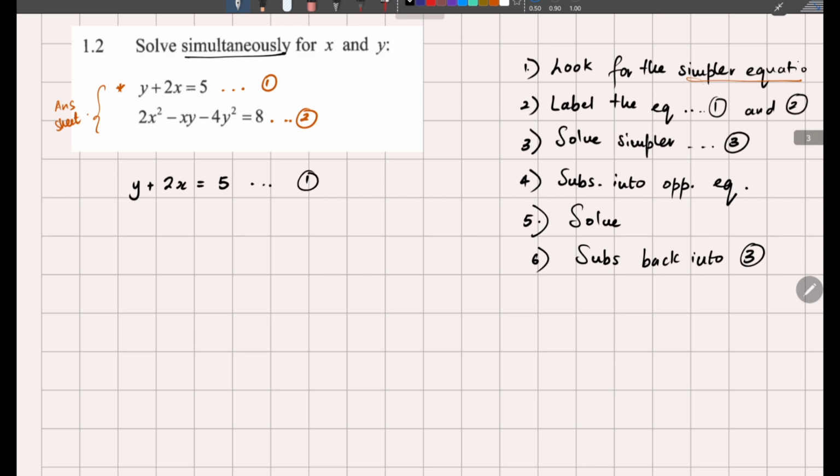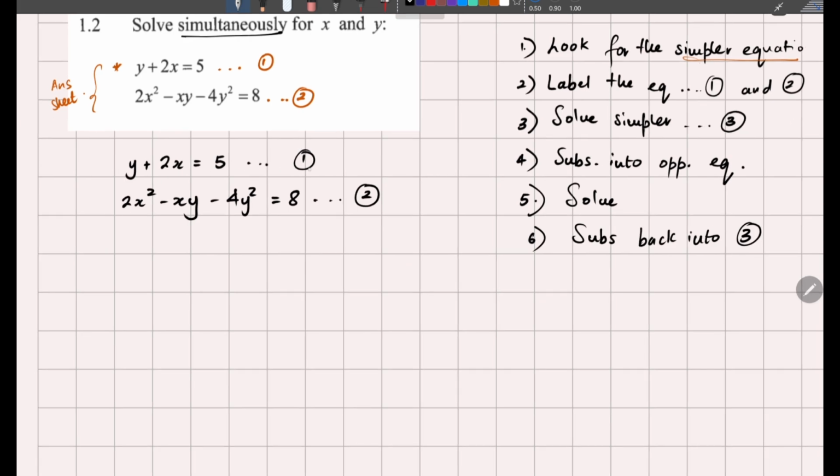And we know that that's equation 1. And obviously this looks very complicated, so this would definitely be my equation 2, because I can't work with this. They say solve for the simpler one and make that equation 3. So the simpler one is actually number 1. In equation 1, we know that y plus 2x is equal to 5.